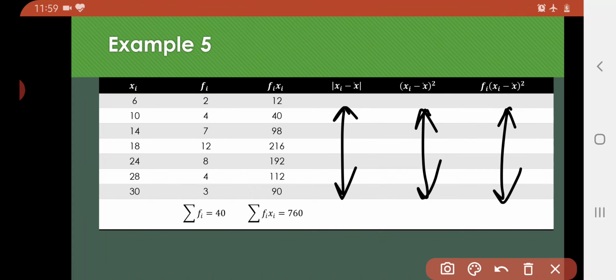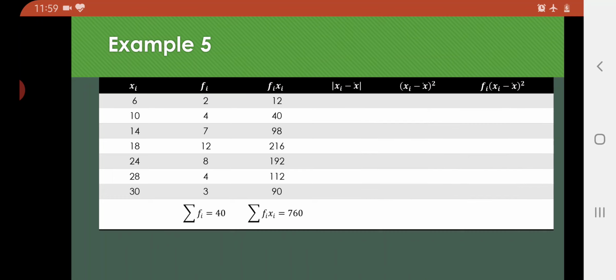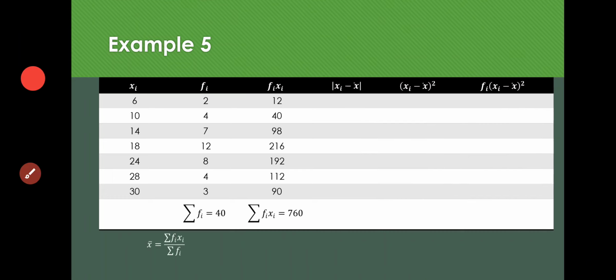Here let us first calculate the mean. We have already calculated this particular column. So the mean is summation of fi xi by summation of fi, that is 760 divided by 40, and that is 19.